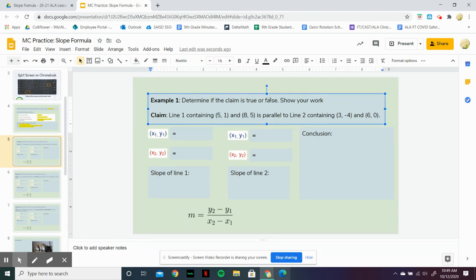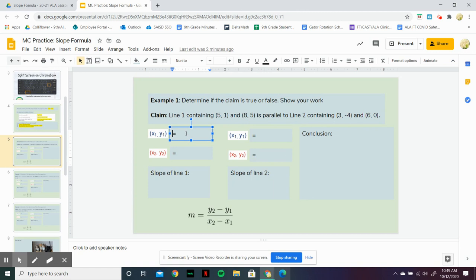Determine if the claim is true or false, and we're going to show our work. The claim says line 1 containing the points (5, 1) and (8, 5) is parallel to line 2, which contains (3, -4) and (6, 0).